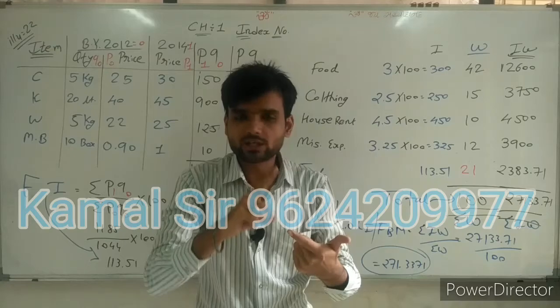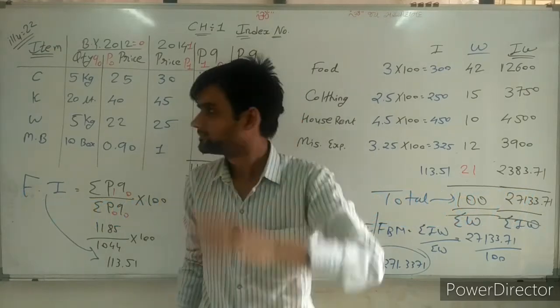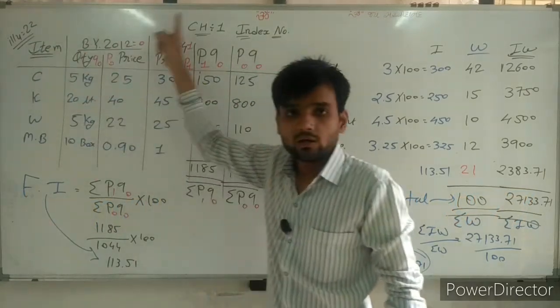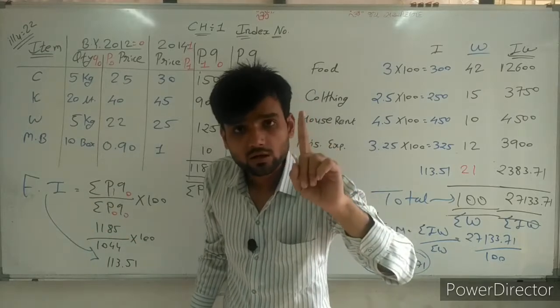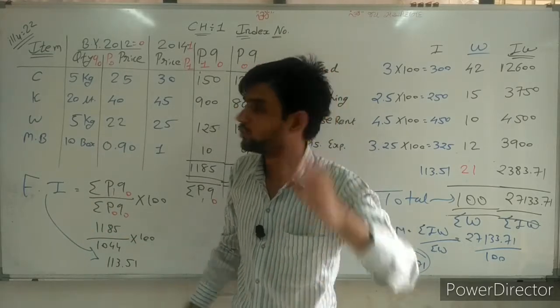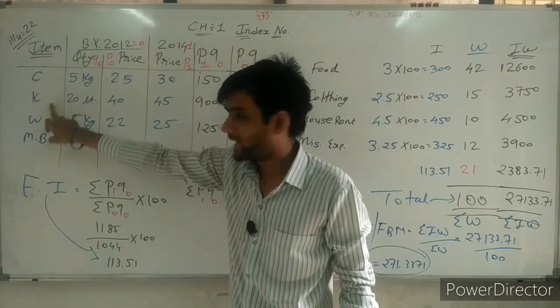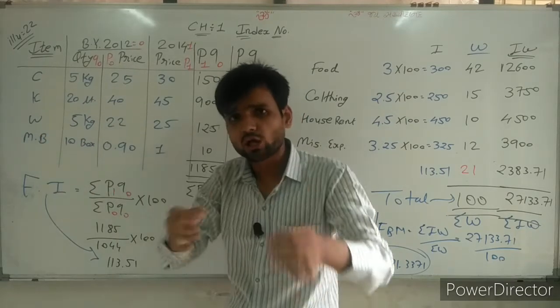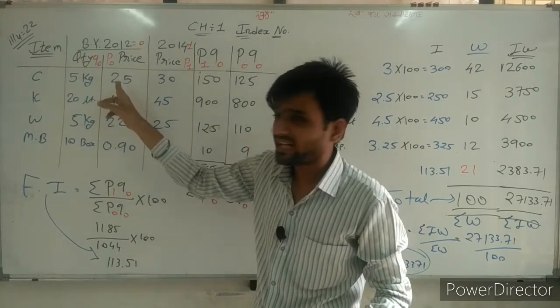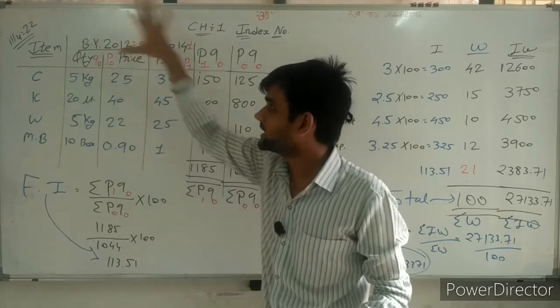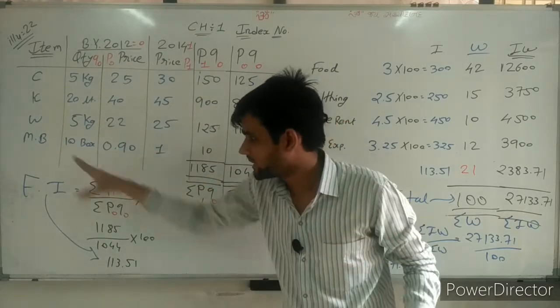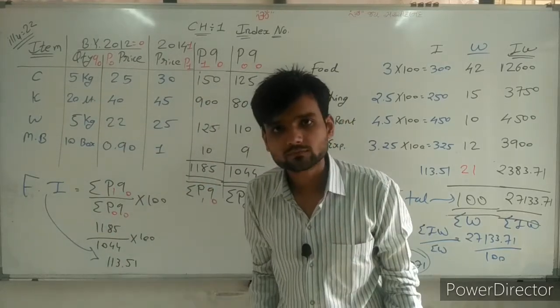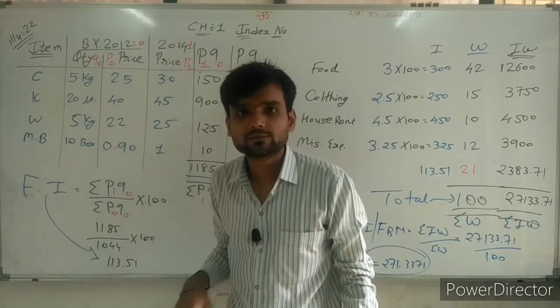So again, what is given actually first? Fuel items information is given. Only fuel. See, coal, kerosene, wood, matchbox, all are fuel items. Its price, its quantity is given. On this basis, I have to find the index number first. It is the fuel index number.